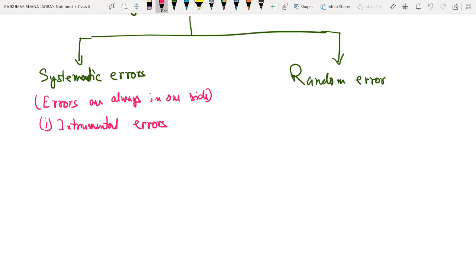Instrumental error, for example, when the zero of the vernier scale does not coincide with the zero of the main scale. That is an instrumental error.